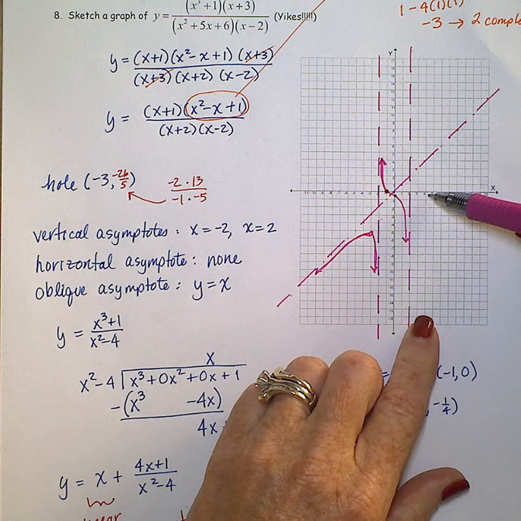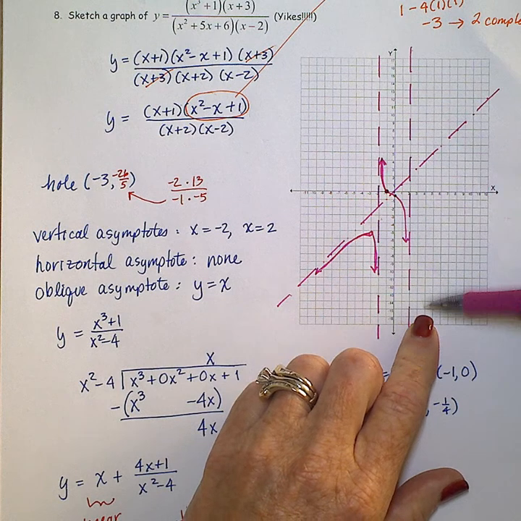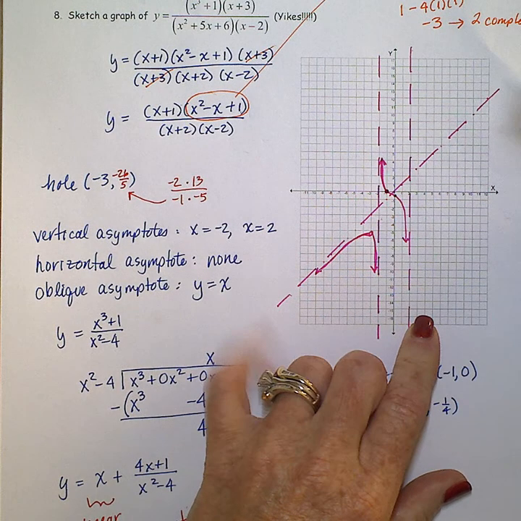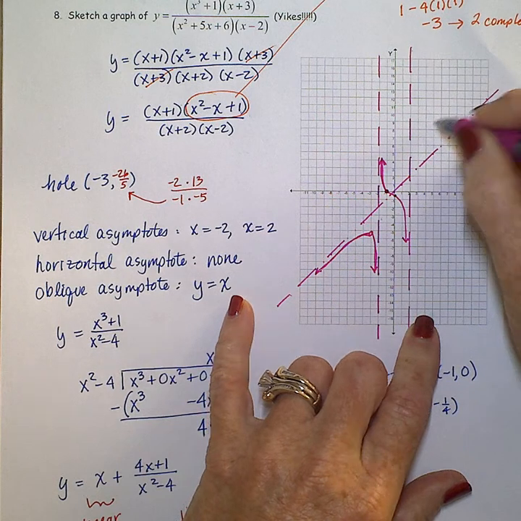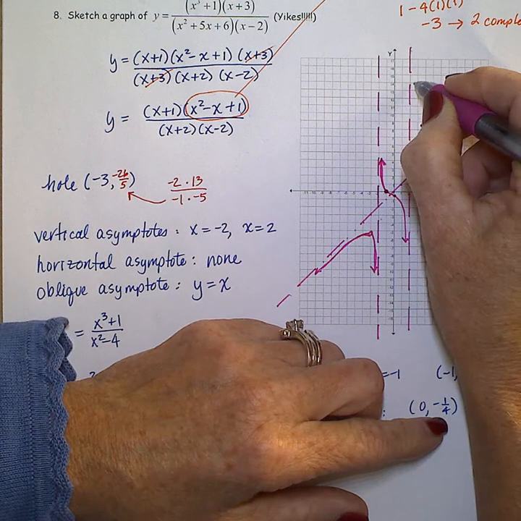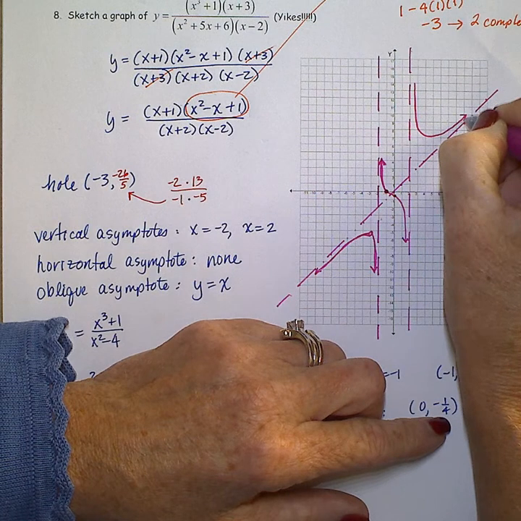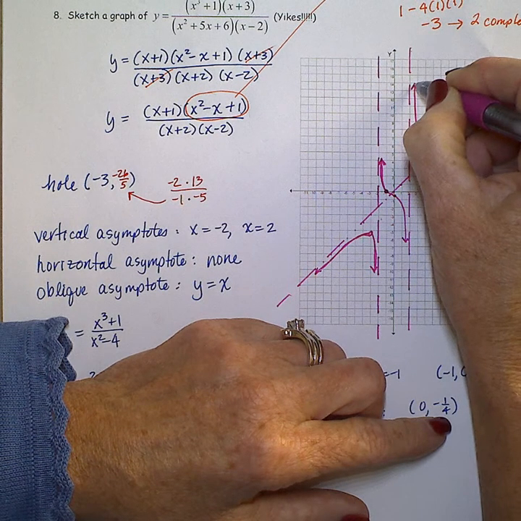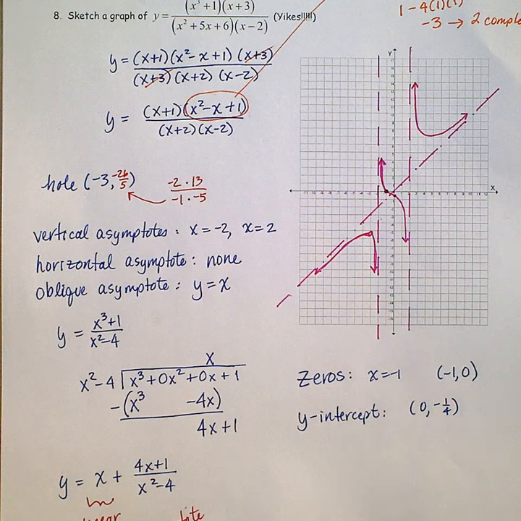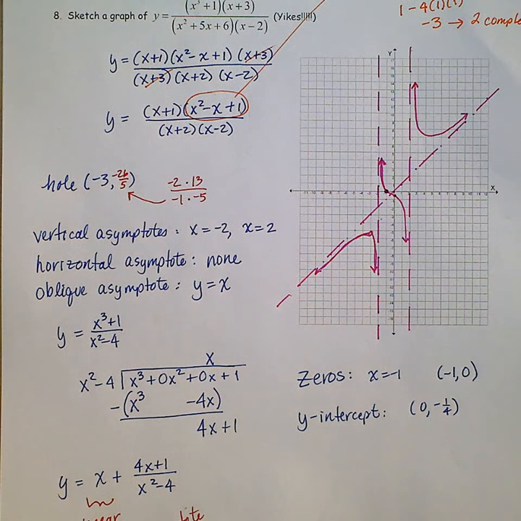Yeah, can't hit the x-axis again, and we would have to hit the x-axis again if we had this piece. So it has to be this piece up here. We are not really sure where it is. Again, we're just doing sketches. So it looks something like that. Okay, so far? Are we good?